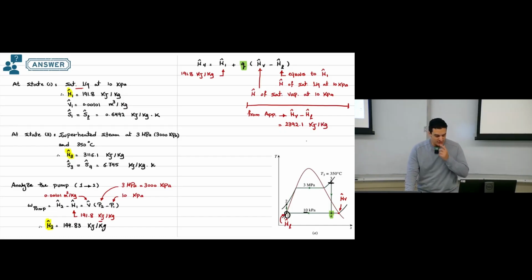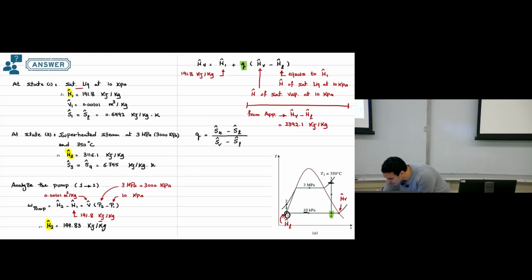So what is missing in this equation? Just the value of Q, the quality. And again, quality has an equation that we can use. The quality we can find from this equation here. This will be the entropy at point number 4 minus specific entropy of liquid, divided by specific entropy of vapor minus specific entropy of liquid.